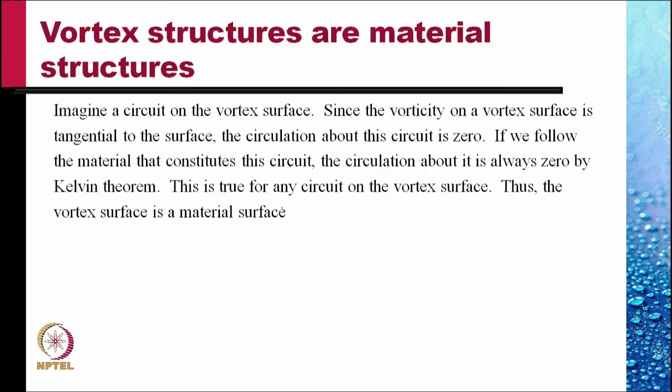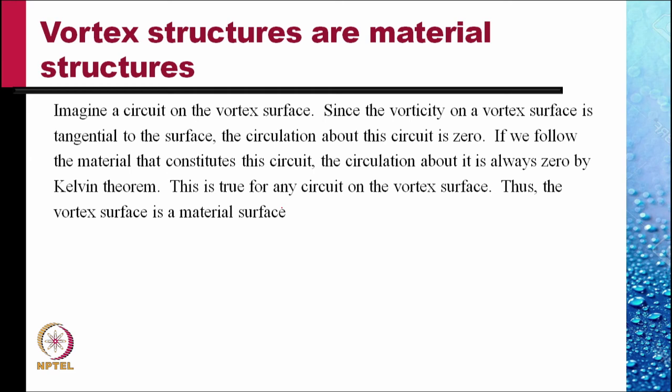Imagine a circuit on the vortex surface. Since the vorticity on the vortex surface is tangential to the surface, the circulation about this circuit is zero. If we follow the material that constitutes this circuit, the circulation about it is always zero by Kelvin theorem.